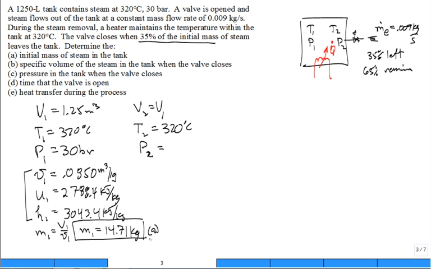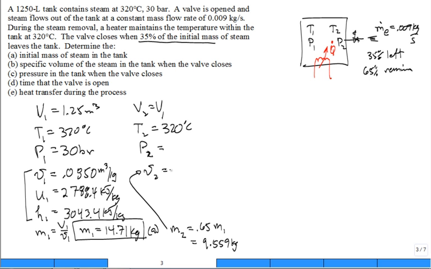What is the specific volume of the steam in the tank when the valve closes after 35% has left? Well, what we do is we say, what was the mass that remains? Well, it's 0.65 of the mass that began. And so the mass that remains is equal to 9.559 kilograms. Hence, we can come up here and maybe put v2 just so it parallels where the location is.